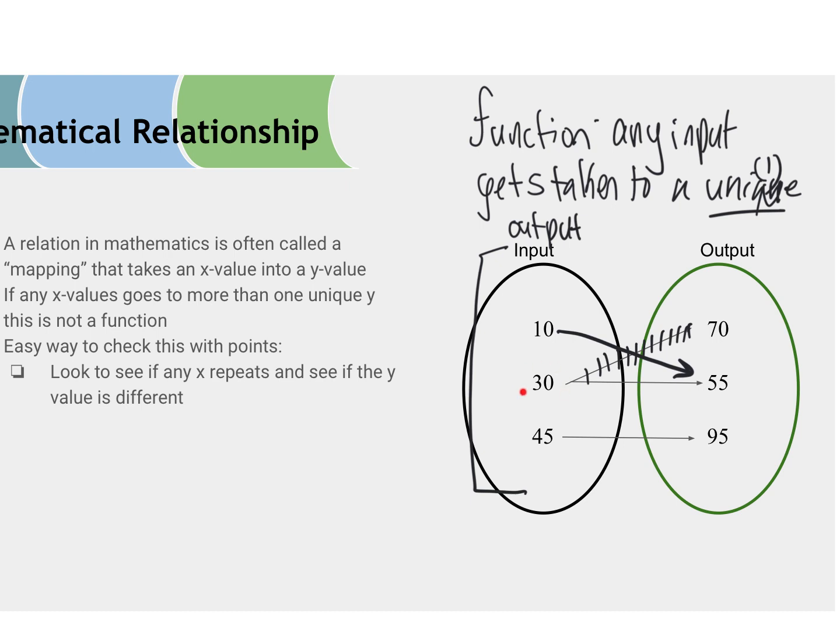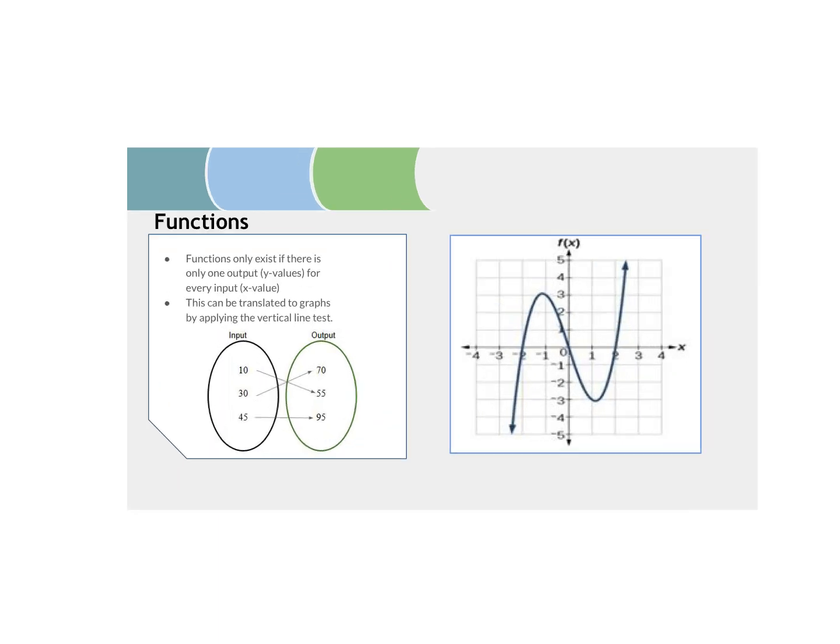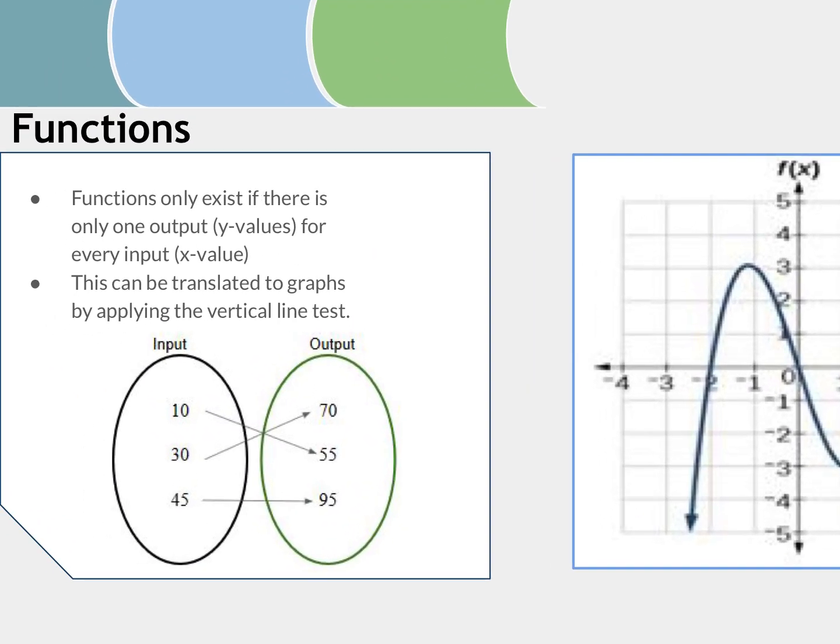So you just can't have one input go to multiple different outputs. Every other scenario is okay. So here is an example of a pure function where each input goes to a unique output. There is no double input directions. And even if 10 went to 55 and 30 went to 55 but not 70, then that would work.